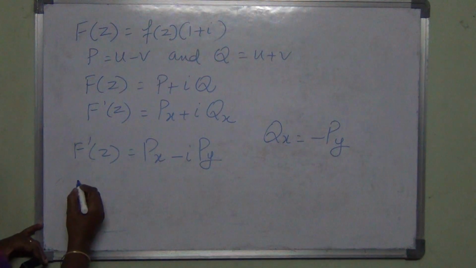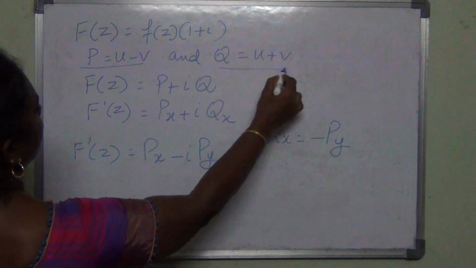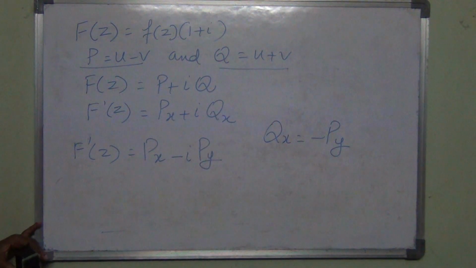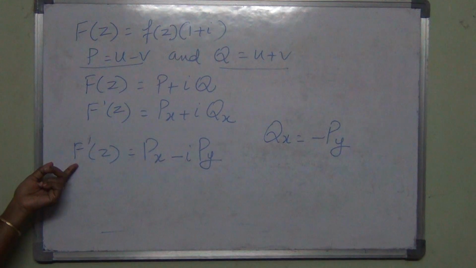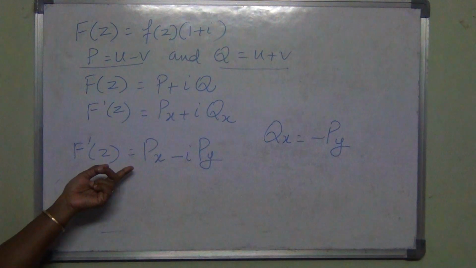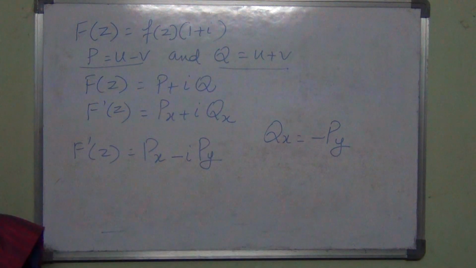So P = u − v, Q = u + v. I am going to find F'(z) = Px − i·Py, since the function is analytic and Qx can be taken as −Py. Now what is given?